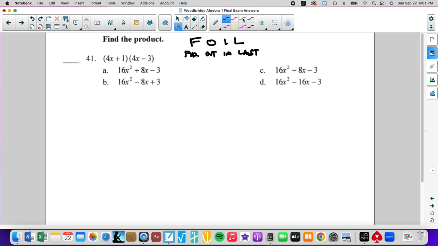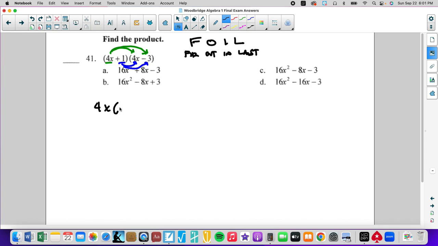We're going to take this first term and distribute it to both of the terms in the other binomial, and then take this term and distribute it to both. This is firsts, the first of the binomials, outsides, the outer two, inside, and last. So FOIL is still the same thing.